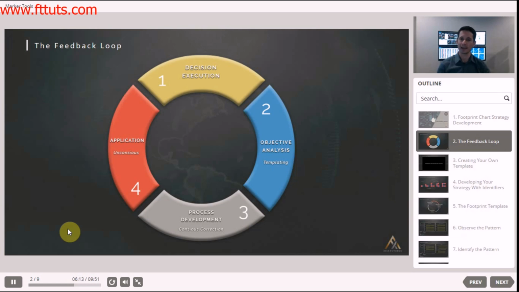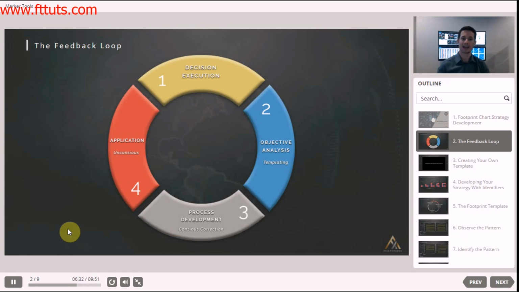The reason is a lot of the time within those processes there are what we call conscious or unconscious errors. In other words, we're making mistakes, but we don't even know that we're making those mistakes. So by having a process development, we can observe these mistakes.